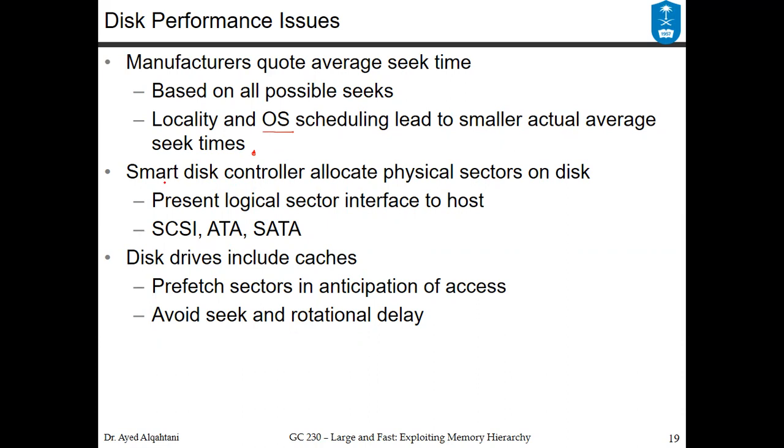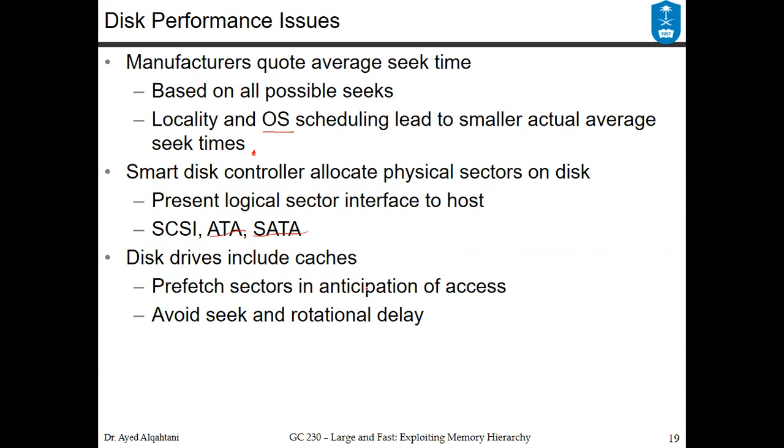Now, the smart disk controller allocates physical sectors on disk. It presents a logical sectors interface to the host, like these types, and I'm sure you have heard of SATA. The disk drives include caches, and the reason for the caches is to prefetch sectors in anticipation of access.